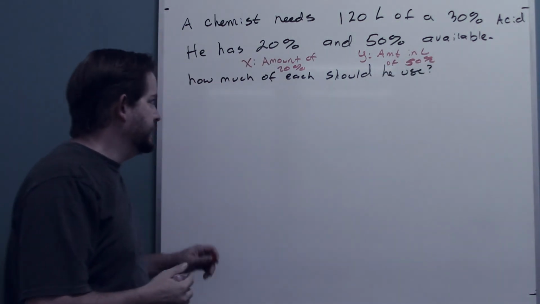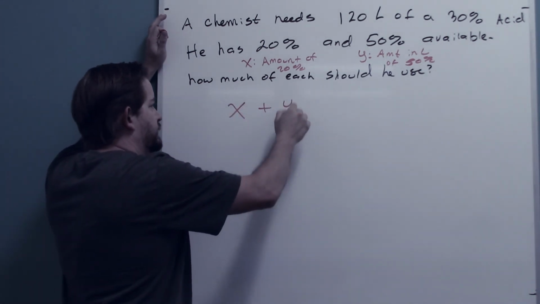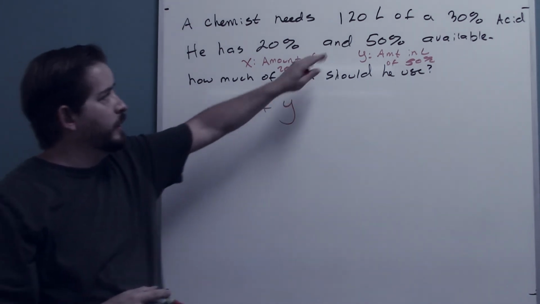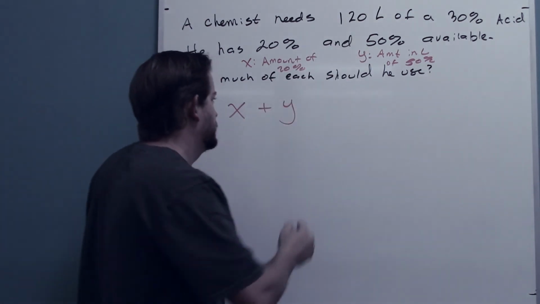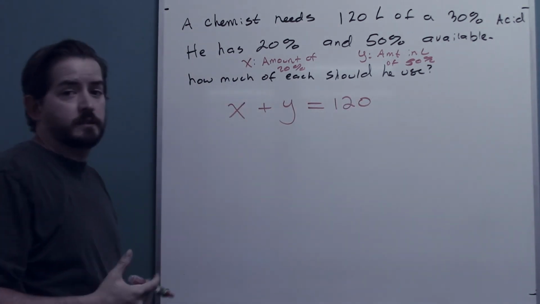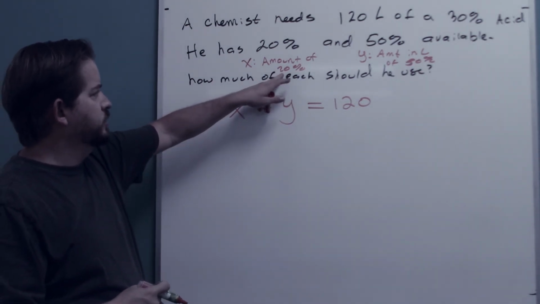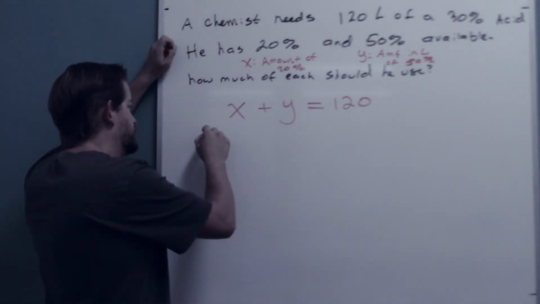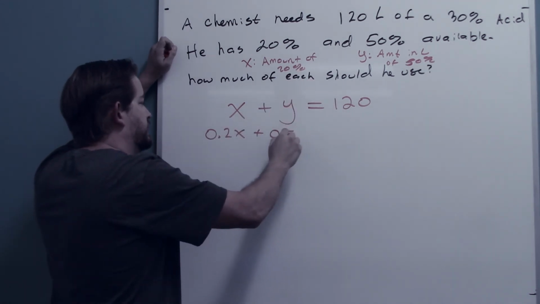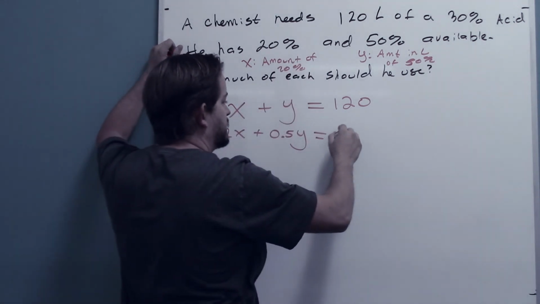That's the idea here, and the amount of the 20% that he adds to the 50%, the amount of the 20% plus the amount of the 50% should be the total amount that he wants, and that's 120. And that's my first, that's the easy equation. The other one is just these concentrates. 20% of X, or 0.2X, plus 50% of Y should be equal to 30% of 120.